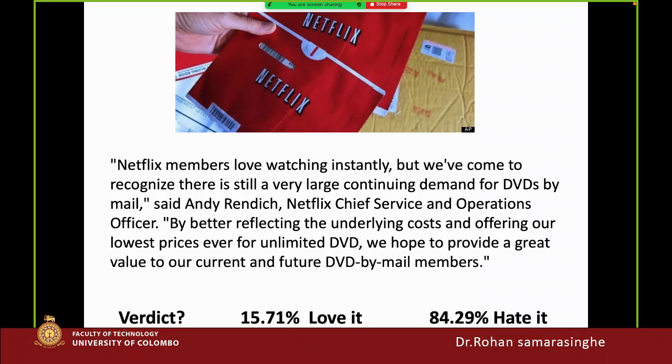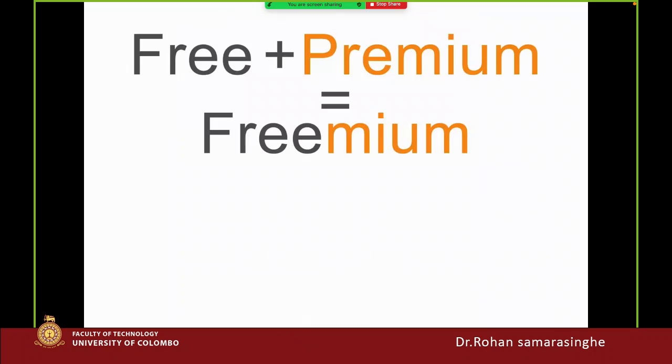So then another business model we can see is free plus premium, freemium. When you see Skype, when it was introduced to the market, first they introduced a free of charge component, free telephone calls and voice messages, and then they limit that to 2 minutes or 3 minutes.